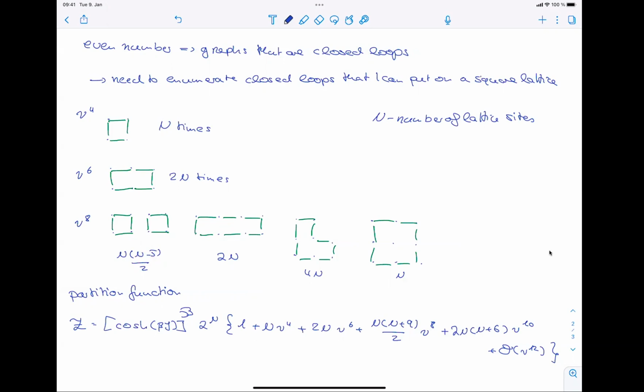And so the knowledge that it can't go higher actually helps to identify terms that can pop up, because I know that this is physically impossible.